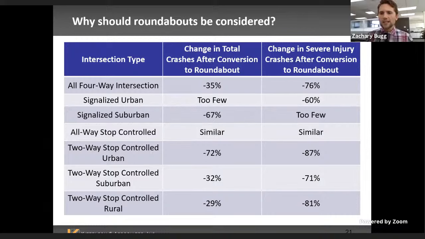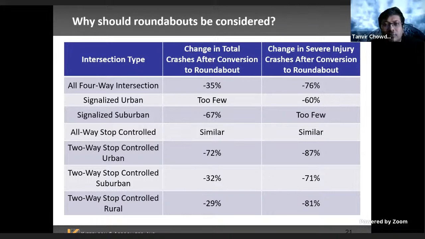On the budget side, roundabouts do actually tend to cost more upfront than other forms of expansion, depending on the circumstances. So you would want to look at the safety costs over the life cycle of the intersection and really try to quantify it.